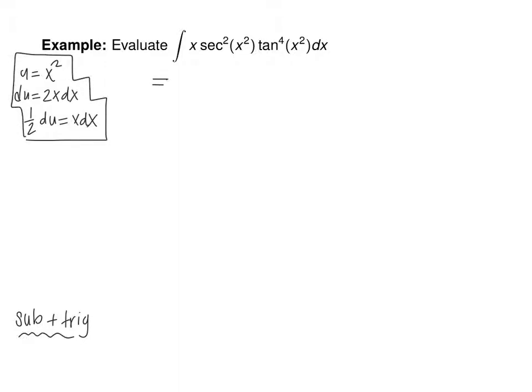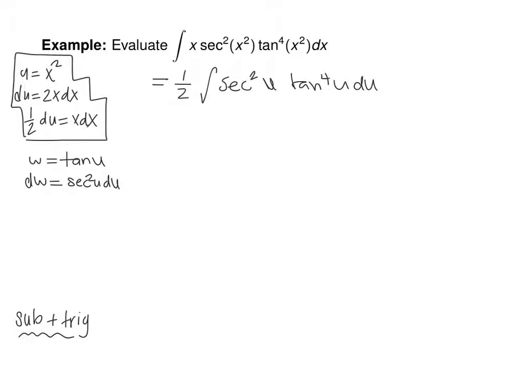And this becomes 1/2 integral of secant squared of u tangent to the 4th u du. Now you can immediately sub for tangent, but just use a different variable because you already used u. So w is tangent of u, and dw is secant squared of u du.